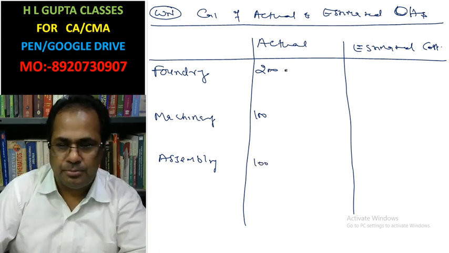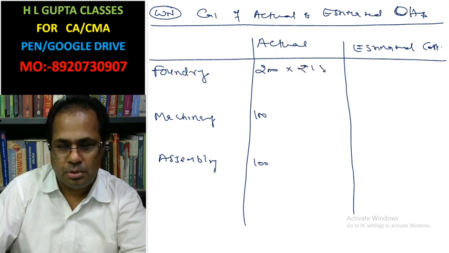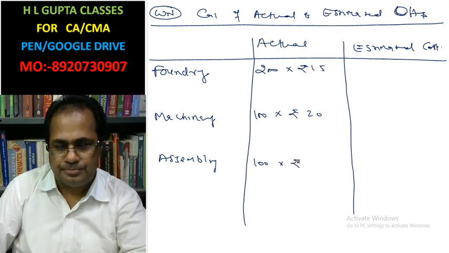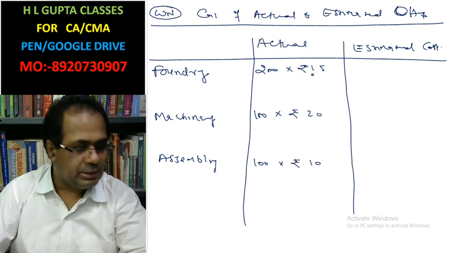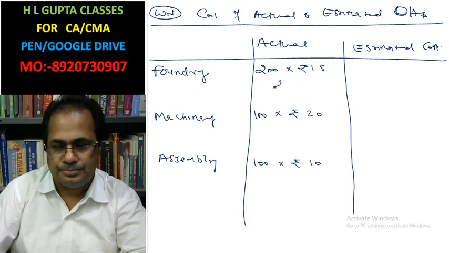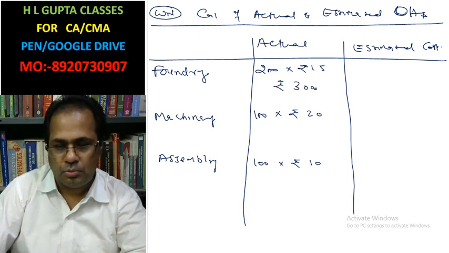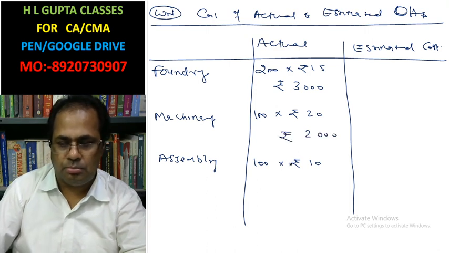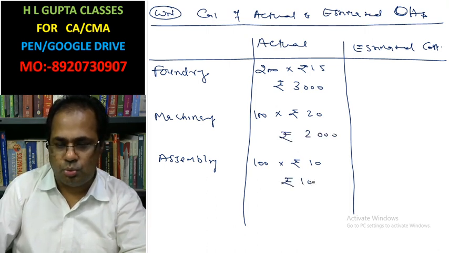This is your 3,000, this is your 2,000, this is your 1,000.